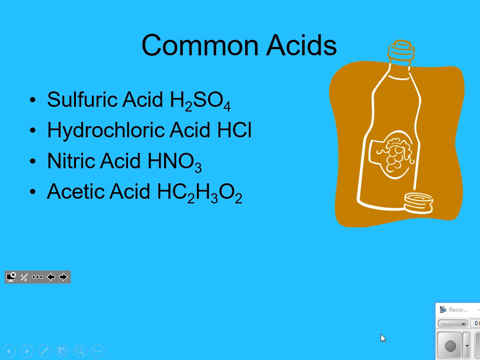I'd have to look back at our unit test, but in years past, we've told students they need to memorize these 4 acids because these are the 4 most common acids that they are going to be working with. Hydrochloric acid was my second one I have on this list. That's what I showed you on that last drawing. HCl. Nitric acid and sulfuric acid and acetic acid are the other 3.